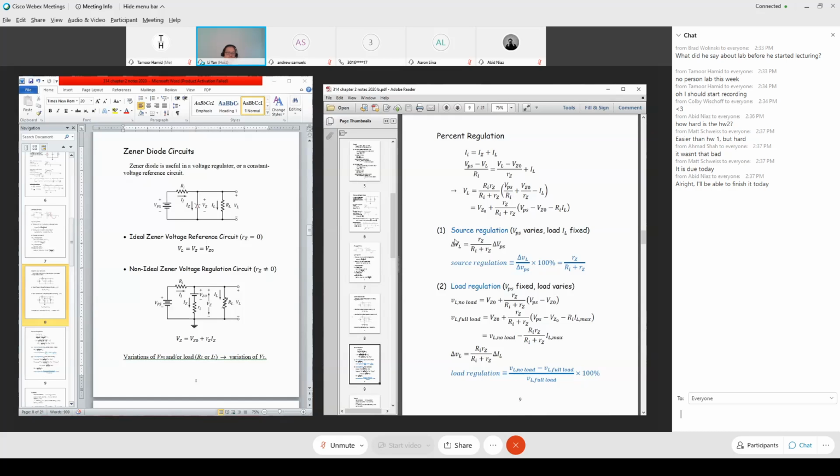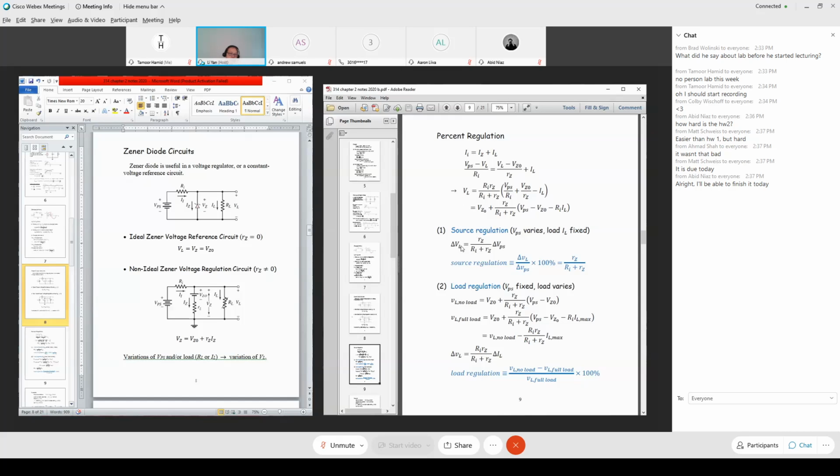The first way to quantify the regulation, how good it is, is called source regulation. In source regulation, we assume a constant load current. So the load current IL is constant, fixed. However, the source voltage VPS varies. IL doesn't change, but VPS changes, and this change directly leads to the change of VL.